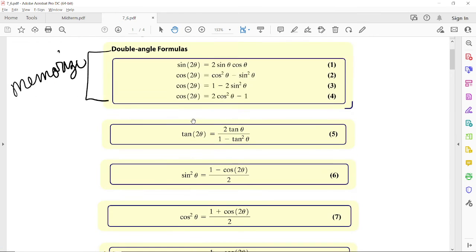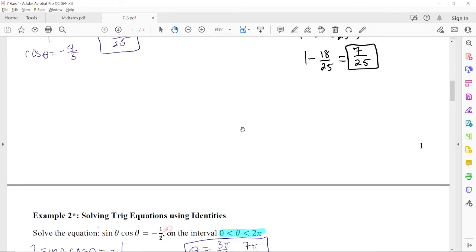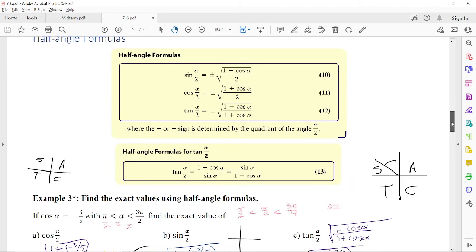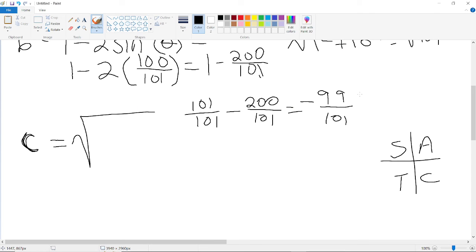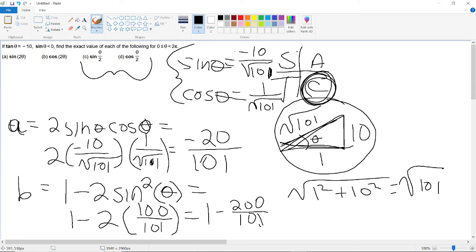And let's look for our half angle formulas. If you don't know them, I'm about to scroll down to them. And again, we are positive square root of 1 minus cosine theta over 2. All right, what does that give us?